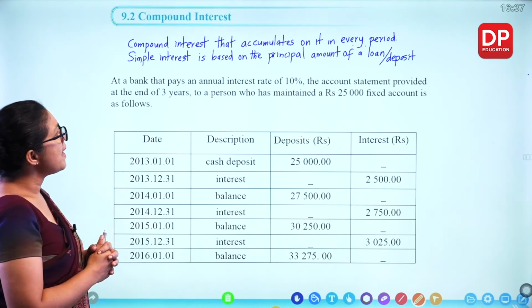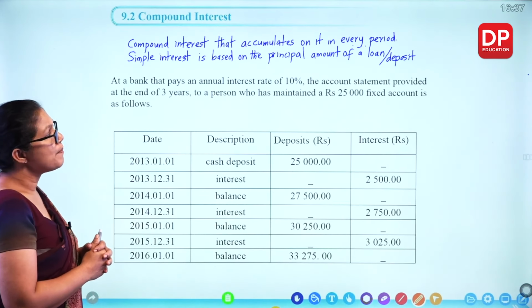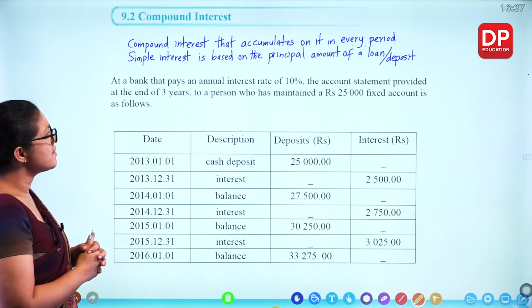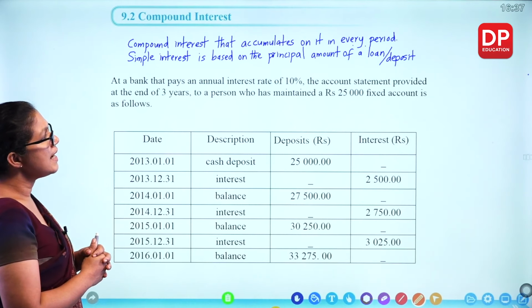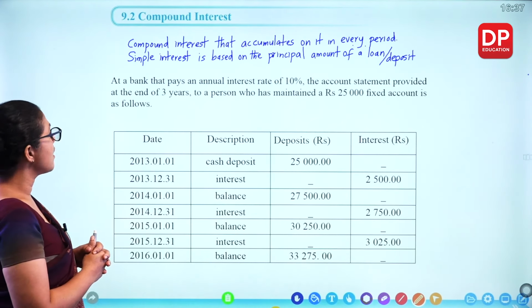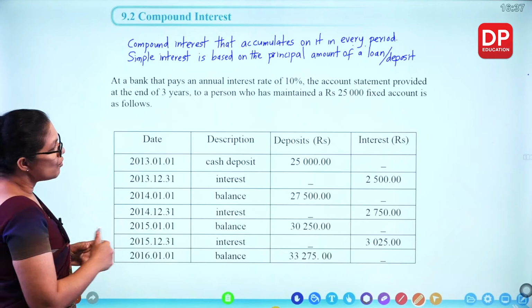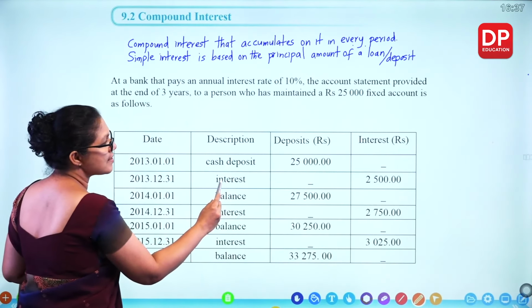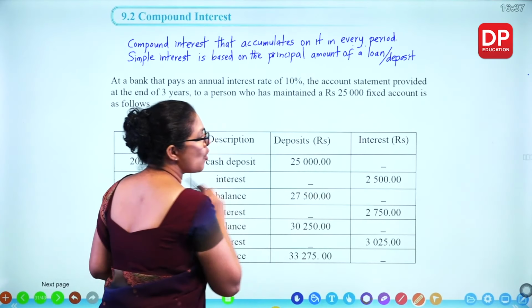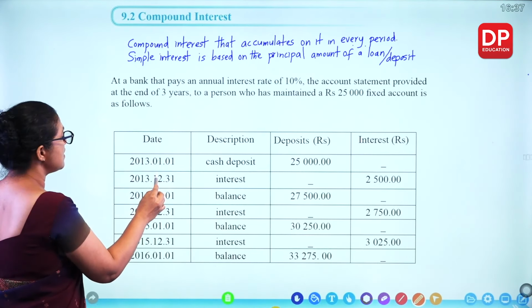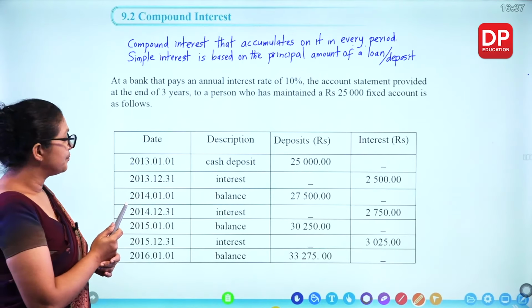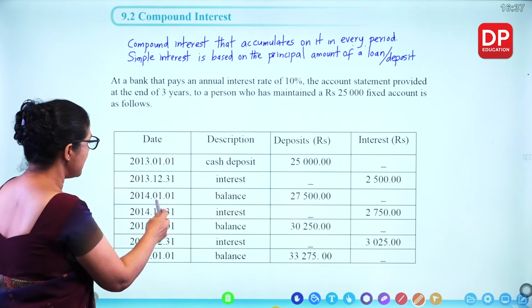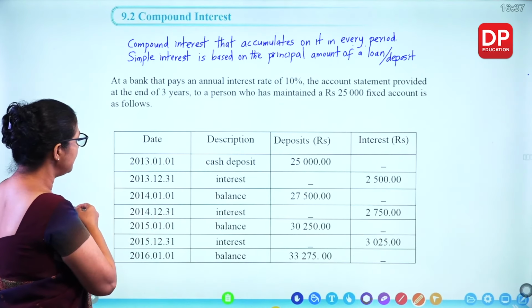At a bank that pays an annual interest rate of 10%, the account statement provided at the end of 3 years to a person who has maintained a 25,000 fixed account is as follows. So what's the initial value? 25,000. And the interest is 2,500. This is after the first year. Then what happens in the second year?